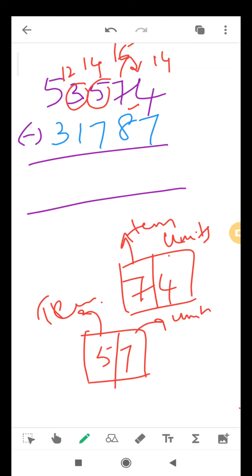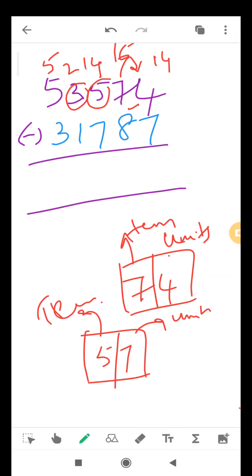Right, from 12 you have to, no, not necessary, because in this 2 we have to subtract only 1, no? So we can stop here. Just 2 comes here. From this 2 we have to take 1. So here it's 5 only, no change. That means we are taking 1 carry forward from 3.